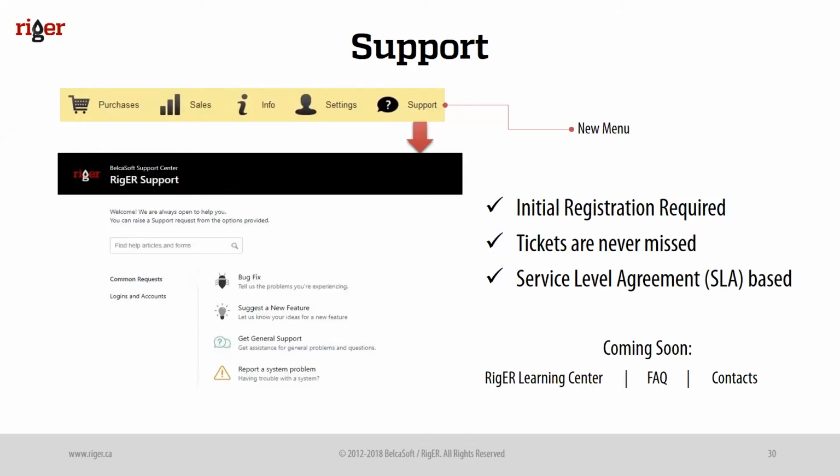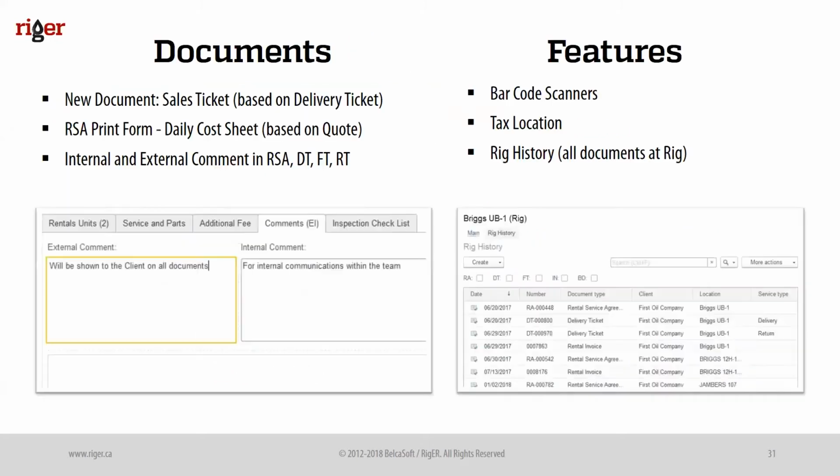We try to strictly follow these rules and respond to you in a very timely fashion. The RigER Learning Center, FAQ and contacts will be coming soon. So stay in touch, and we will be connected to you quicker and more efficiently.